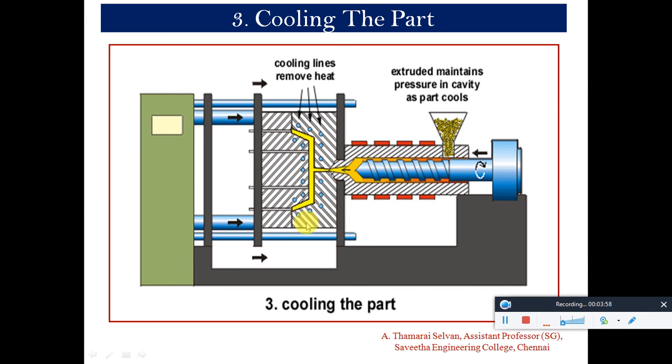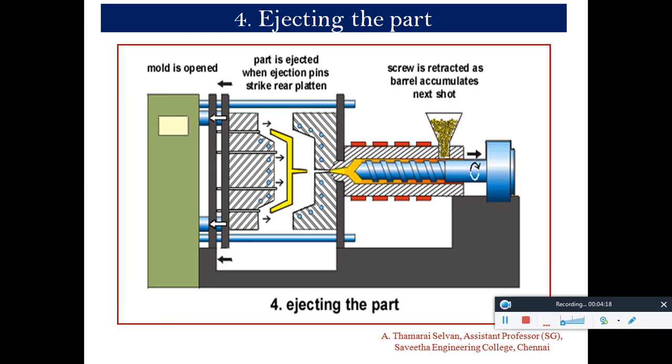And the next one is cooling the part. Once the cavity is filled up, we have to allow the product to get solidified. It will take only a minimal time, but as each cycle is completed, we have to give enough time for the product to get solidified, and after that you have to eject it. How can we eject it?